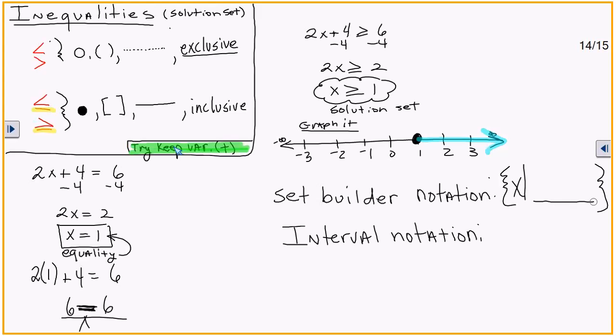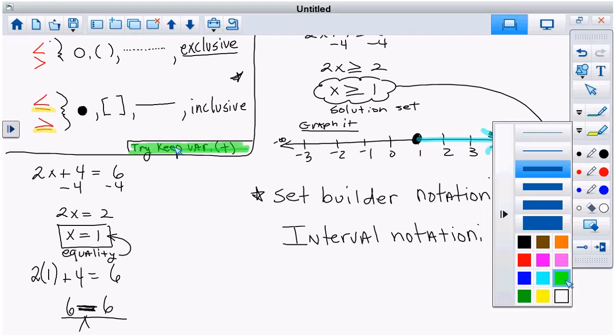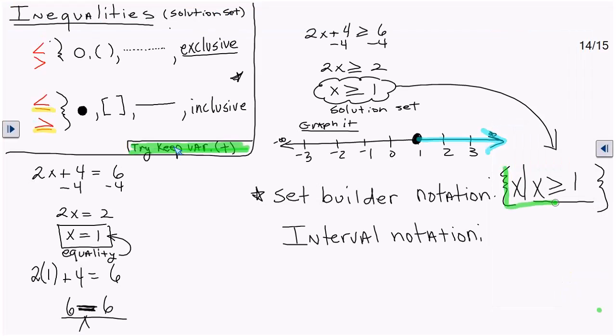So write x is greater than or equal to 1. And that's called set builder notation. So you need to write on your index card where you have this, you need to write set builder notation, and you need to highlight this because this is set builder notation.